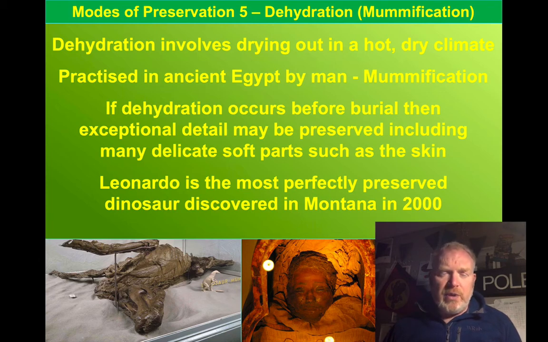The example in the bottom left here, Leonardo, is a dinosaur that was desiccated, was mummified before it was buried. So it can be quite exceptional preservation, but it is very unusual.